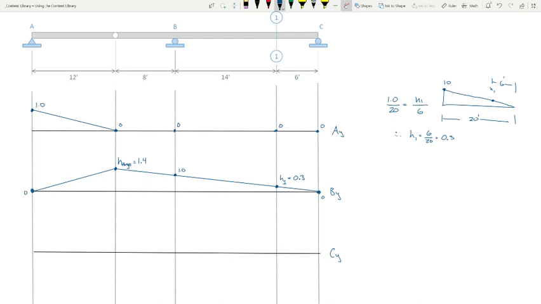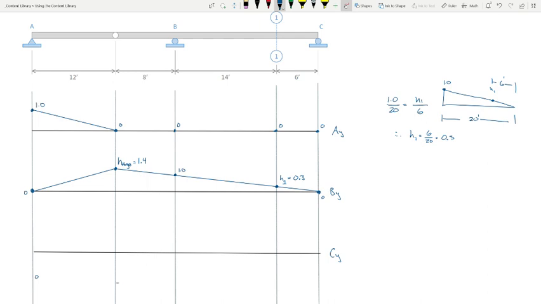Now let's see if we can tackle the influence line for the reaction at C. What's the value right here? 0. What does the value have to be right here? Negative 0.4. Does everybody see that? So let's just sketch these down here. This one's got to be 0.